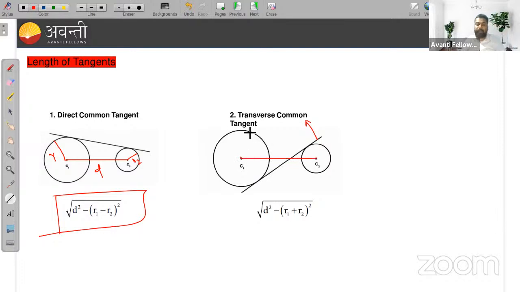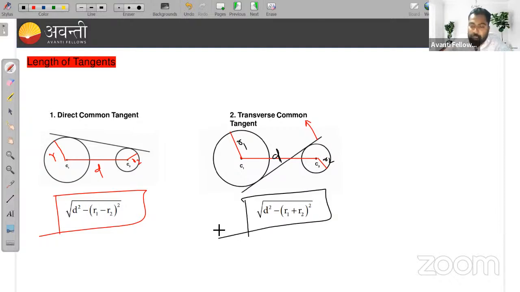This is my d, and this is R1, this is R2. So the length of the transverse common tangent is under root of d square minus (R1 plus R2) whole square. Got it? Sure, let's move.